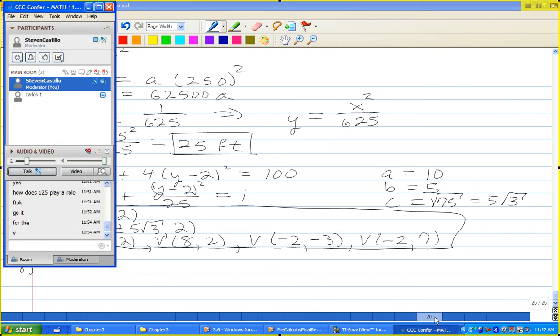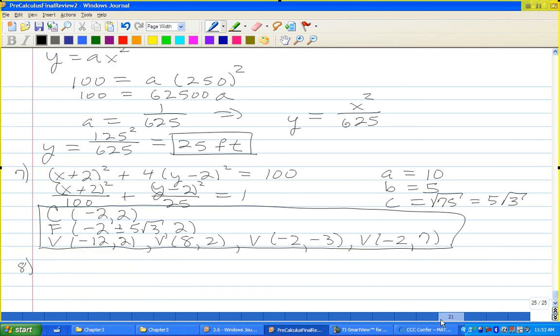For the vertex, probably. It's just 2 or 21. Here the center is at negative 2, positive 2, because you're subtracting a negative 2 here, and you're subtracting 2. So the center of your ellipse is negative 2, 2.